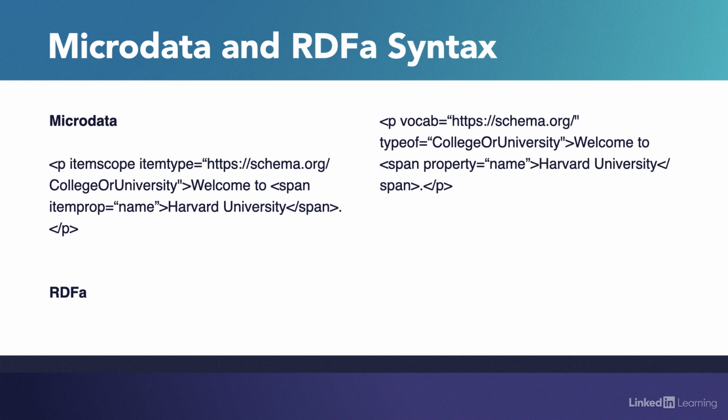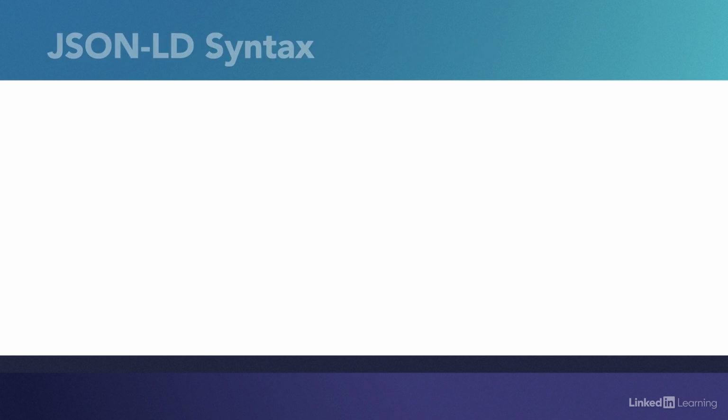We're still talking about a college or university, but the names of the attributes here are slightly different. Instead of item type, we use vocab. Instead of item prop, we're going to use just property. So as you can see, the concept here of integrating these types of markup via HTML attributes is the same, but the actual syntax itself is slightly different.